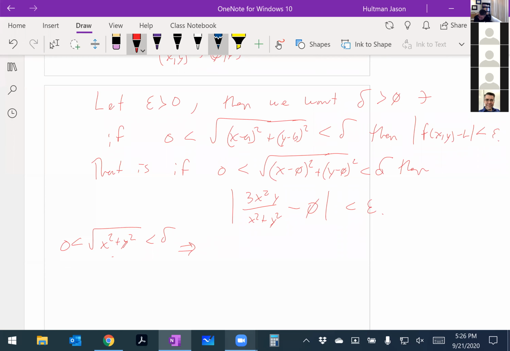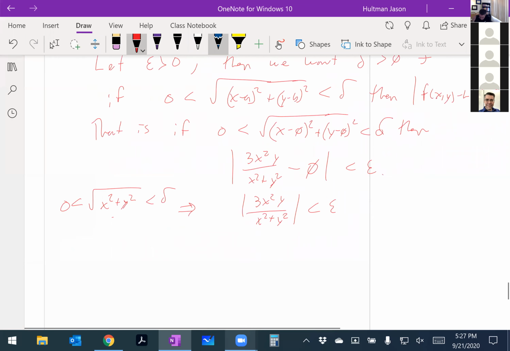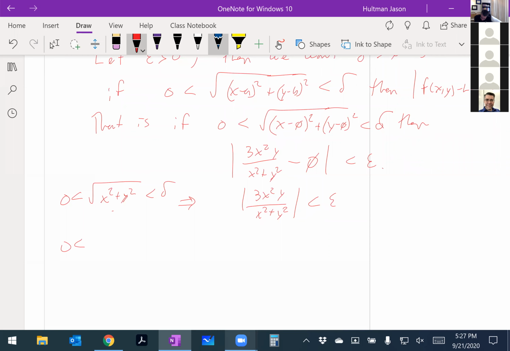Okay, this thing will imply what? Well, let's clean this guy up. This is the absolute value of 3x squared y over x squared plus y squared is less than epsilon. So again, I'm going to bring this down. This thing here, x squared plus y squared is less than delta, implies what? Well, we've got a lot of squares here. If I take a value and take the absolute value of a square, it's the same value.